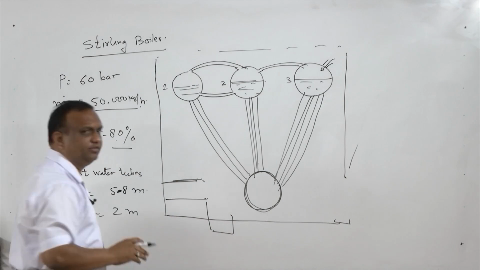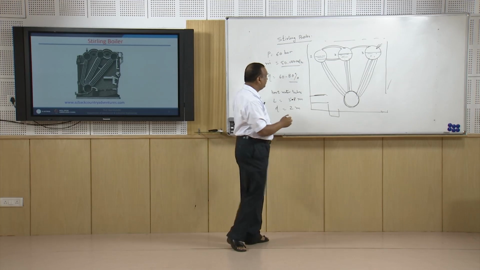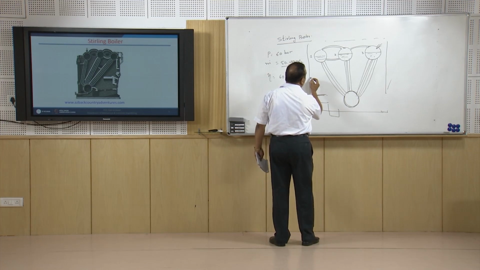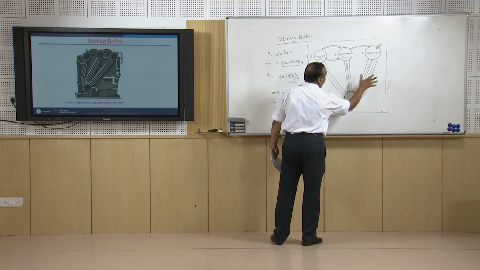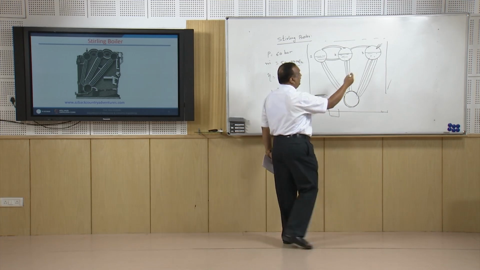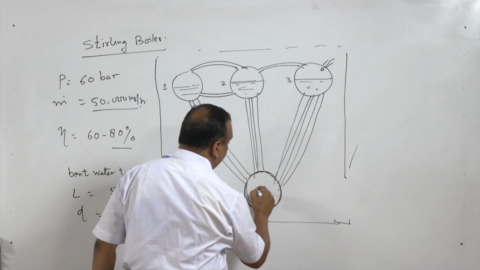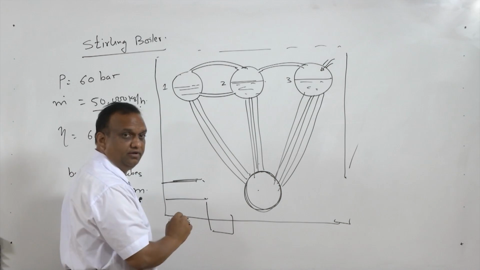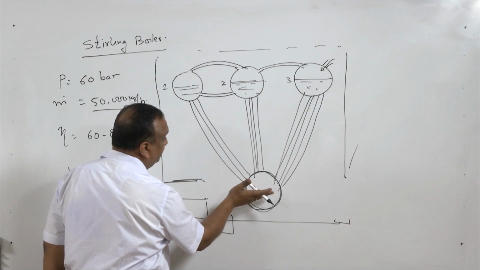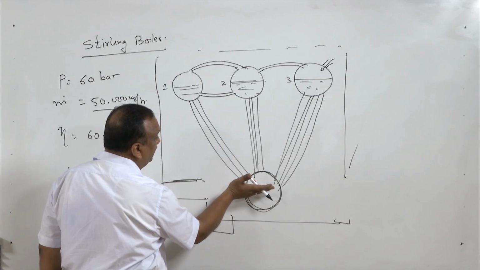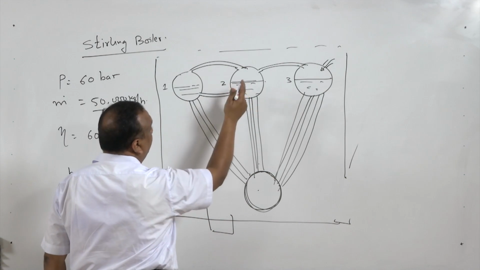The rest of the things are more or less the same. Fuel is burned here and it is passed over these tubes. Feed water comes from here, goes down and comes to the water chamber or mud chamber, and after this, when the water is converted into vapor, it starts rising and gets collected here.